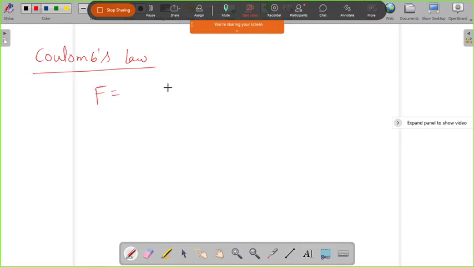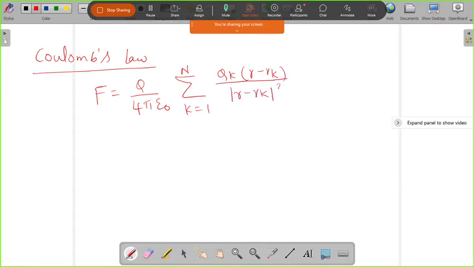The superposition theorem applied to n number of point charges: the sum over k equal to 1 to n of qk into (r minus rk), divided by magnitude of r minus rk whole cube. So this is what we have discussed, right?